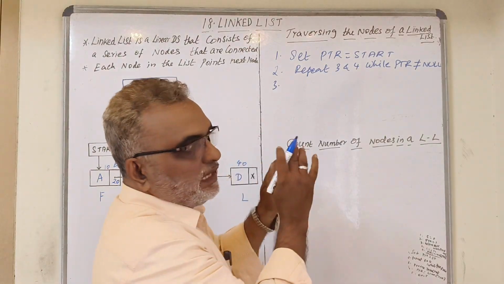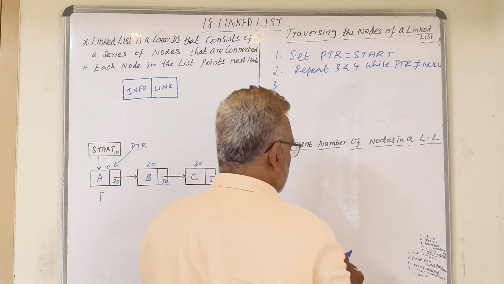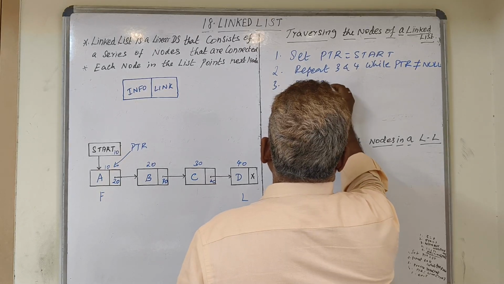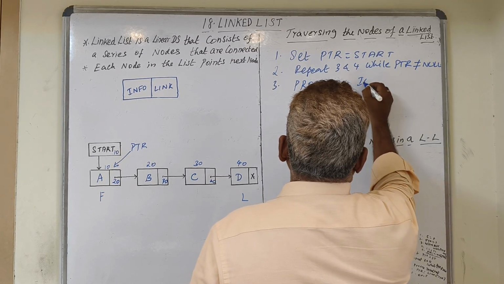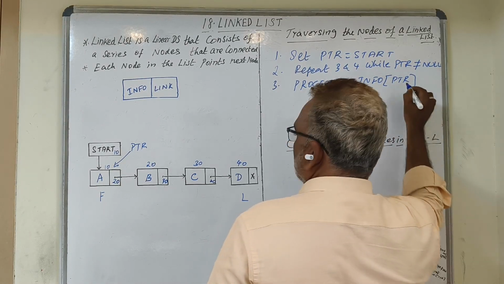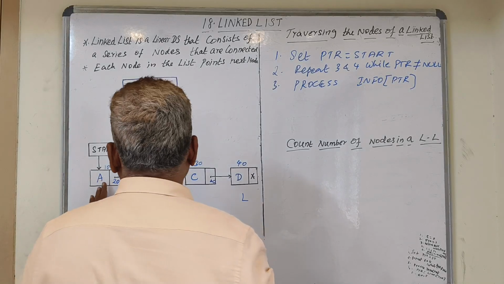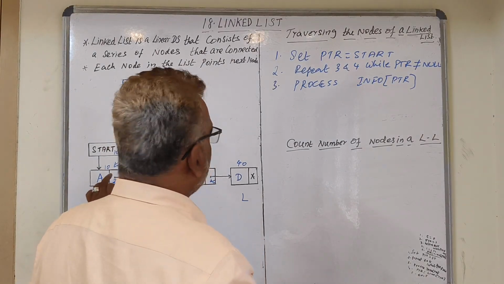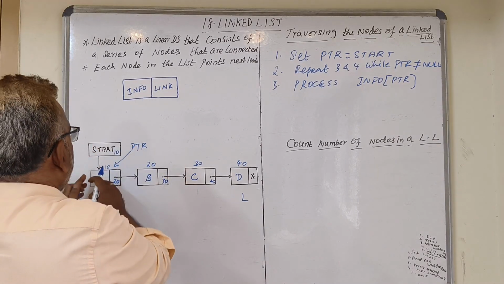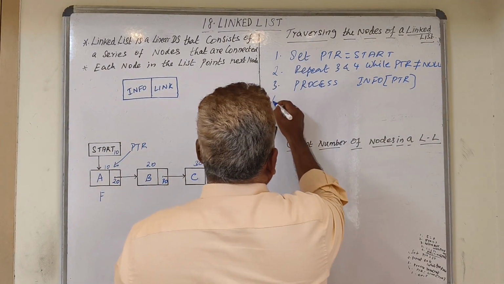If it is null, we have to stop the process. Now process the information part of this PTR. So this is PTR. Now we have to process the data that is available in the node, the information part of the PTR.